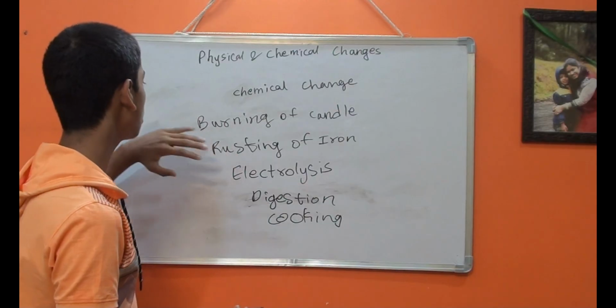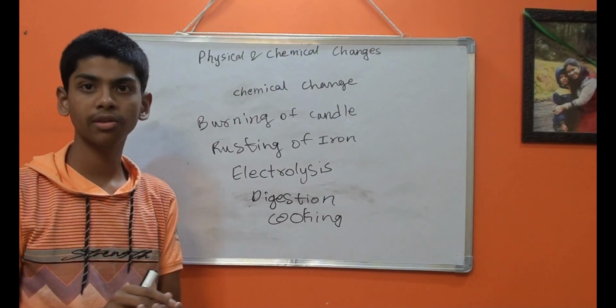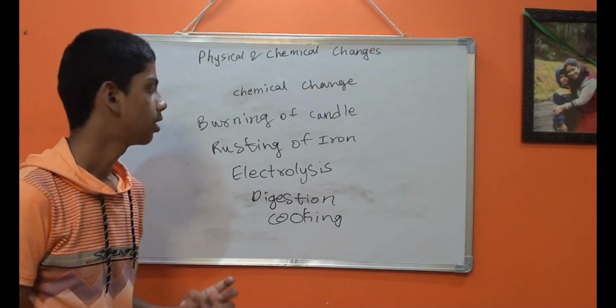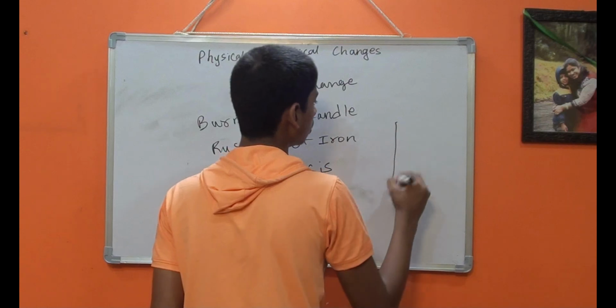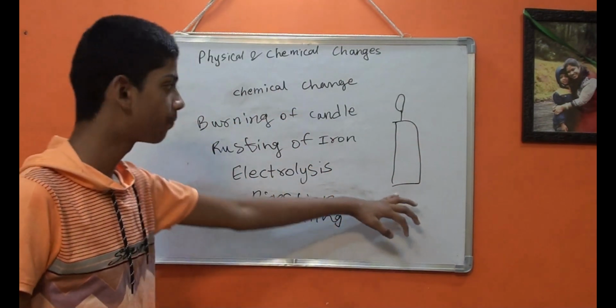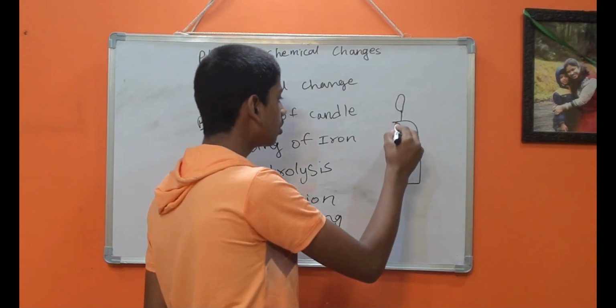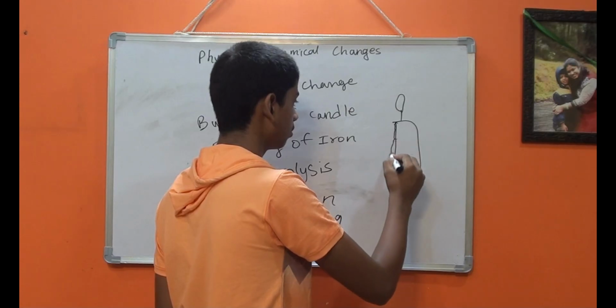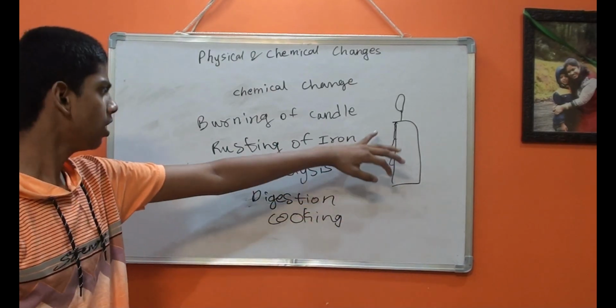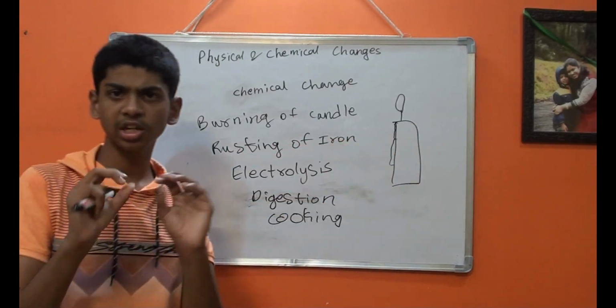Guys, you might think that why is burning of a candle a chemical change? Now here you took a candle, now it's burning. From the side the wax would start to drip. Now here it's just changing its shape.